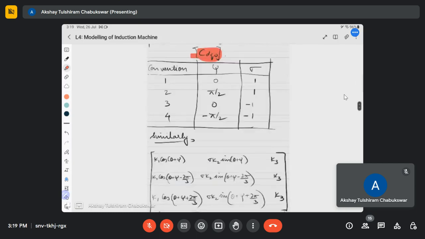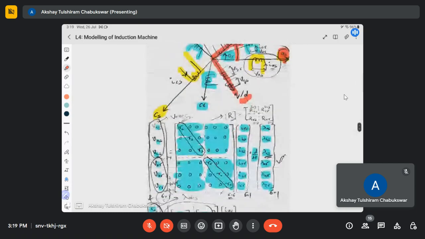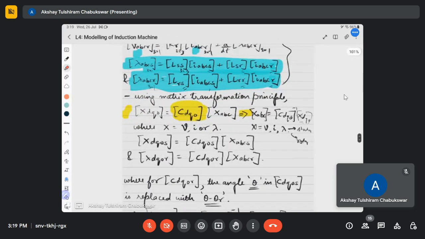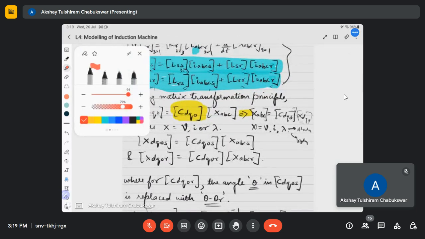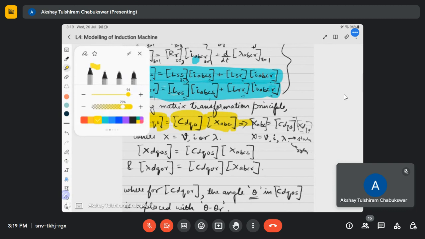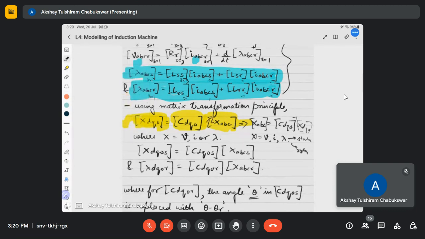Now we'll do the transformation, very quickly. You know that X dq0 equals CDQ0 times X ABC.